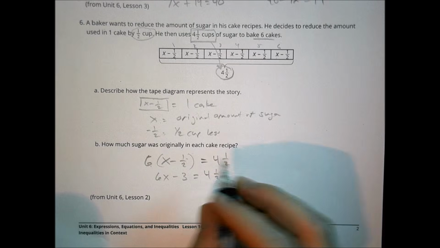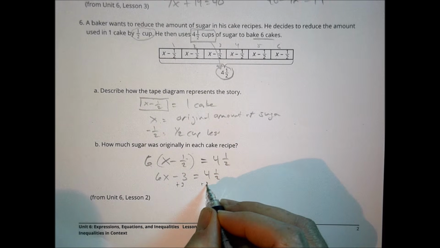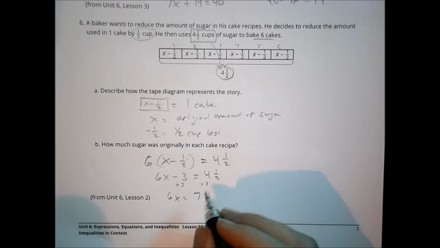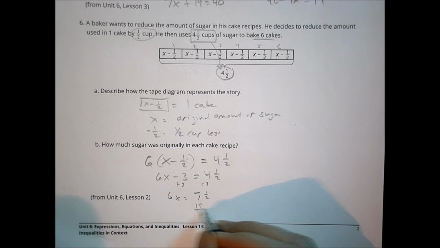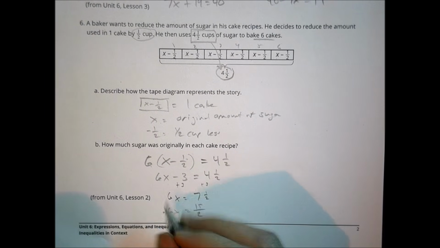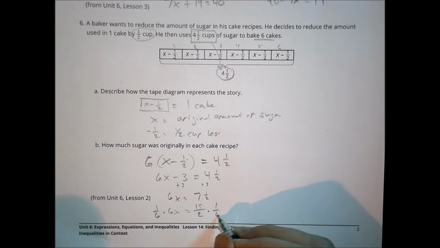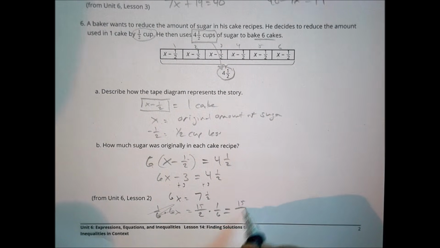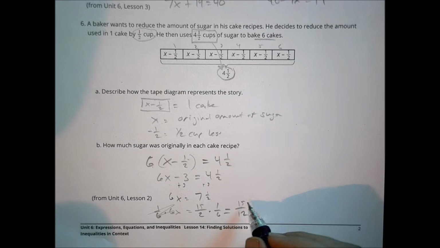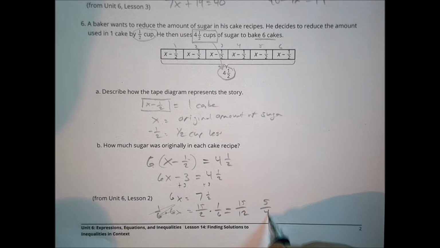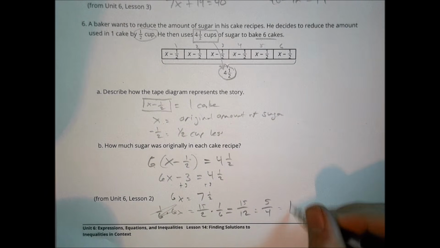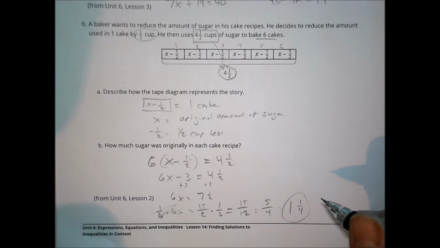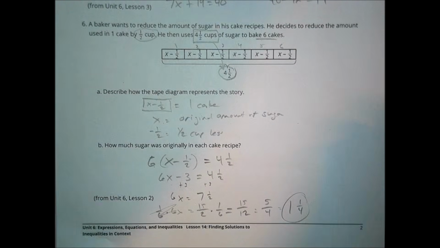I can add 3 to this side, add 3 to that side, so 6x equals 7 1/2. 7 1/2 is the same as 15/2. And if I multiply by the reciprocal, 1/6, right, that goes away, and so x is going to be equal to 15/12, which can reduce. 3 goes in there 5 times, 3 goes in there 4 times, and that becomes 1 1/4. So originally there was 1 1/4 cups of sugar inside of each cake. And that's what we get for number 6.